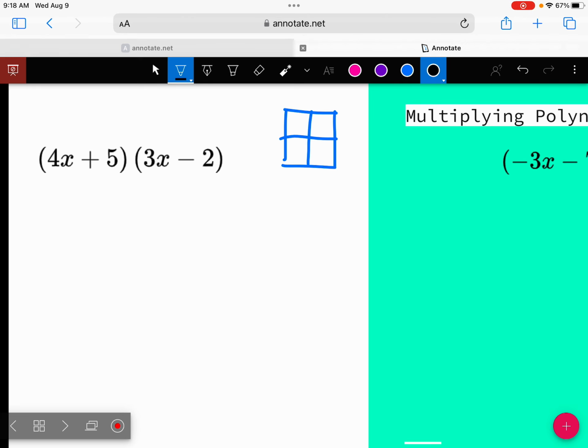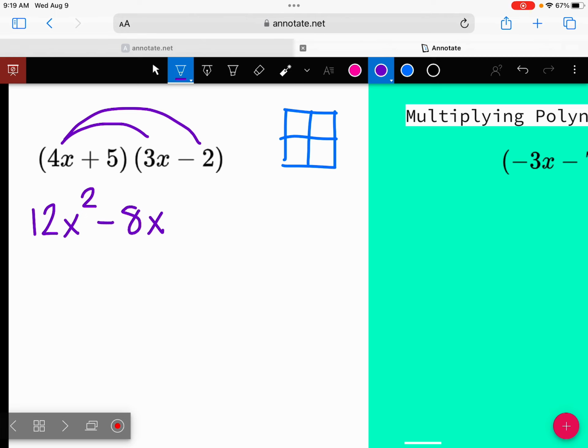I've got a binomial times a binomial. And I'm going to take my 4x times each of these terms. So 4x times 3x gives us 12x squared. And 4x times minus 2 gives us minus 8x. 5 times 3x gives us plus 15x.